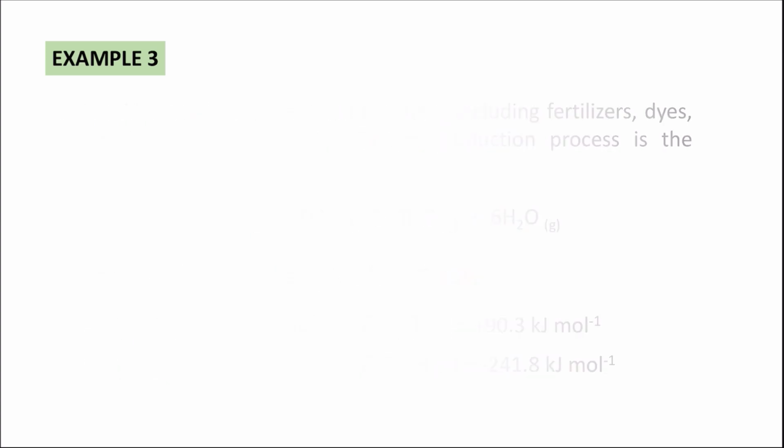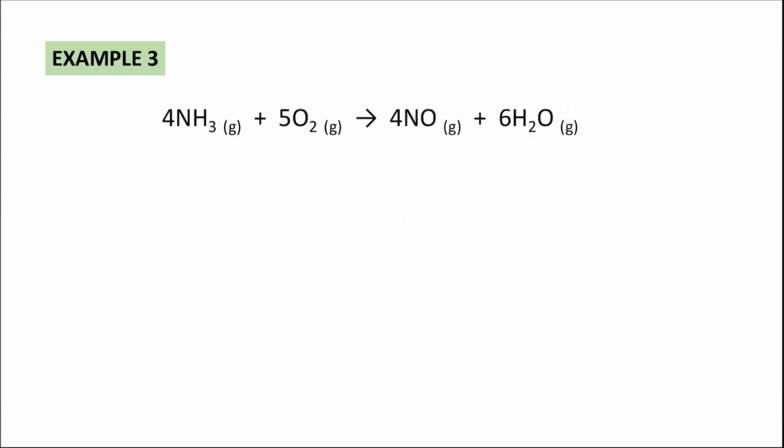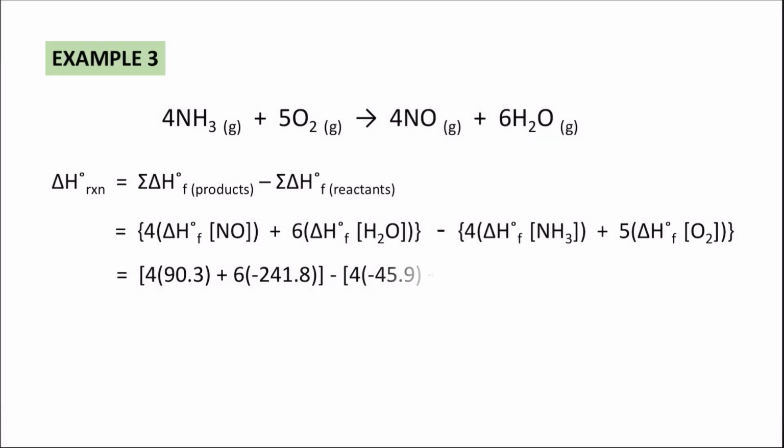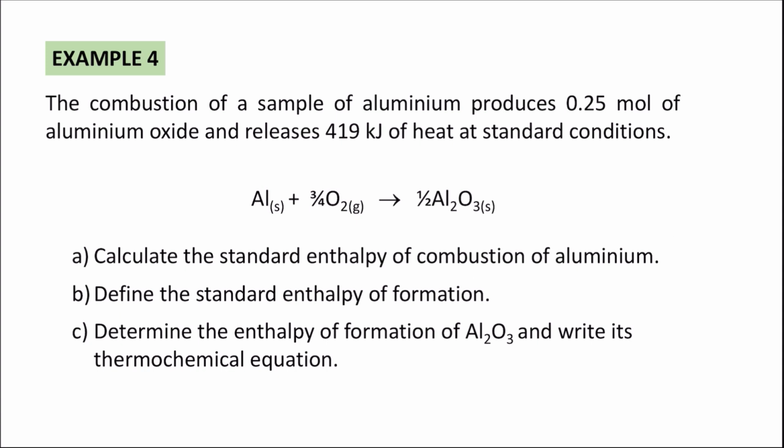So, benda pertama, saya akan teruskan dengan calculation saya, di mana saya kumpulkan delta H0F untuk produk minus dengan summation of delta H0F for reactant. So, saya masukkan sahaja value yang saya ada. I will get the value negative 906 kJ per mole. Very easy.